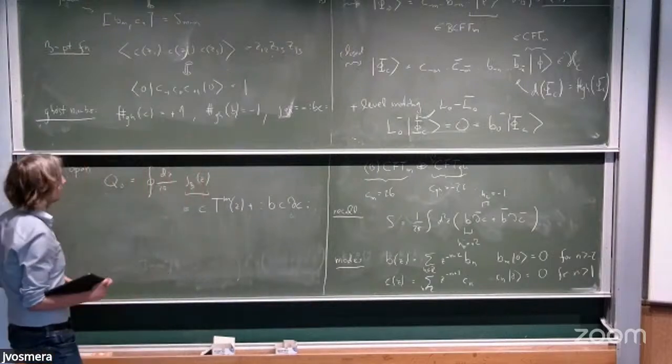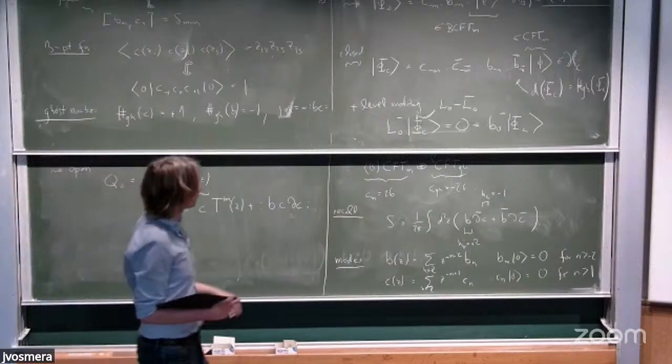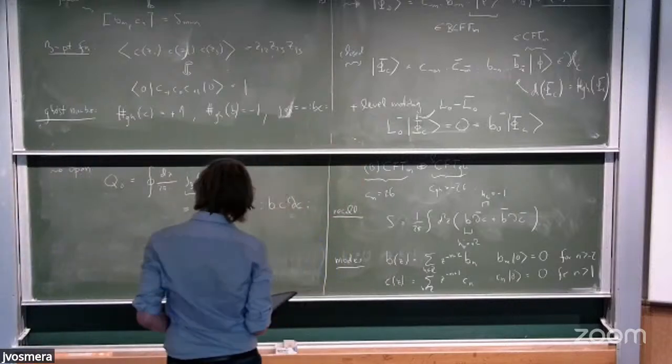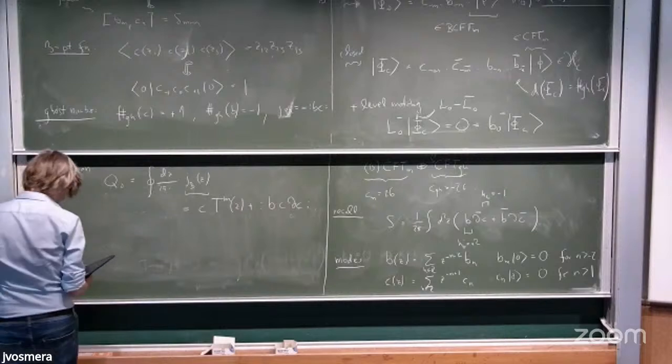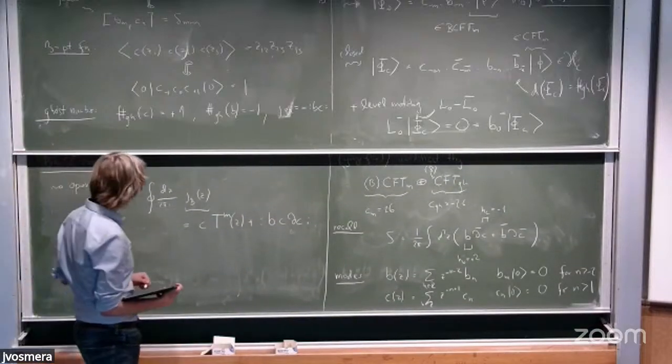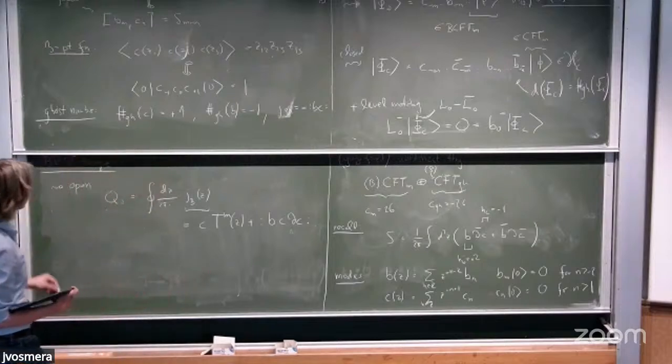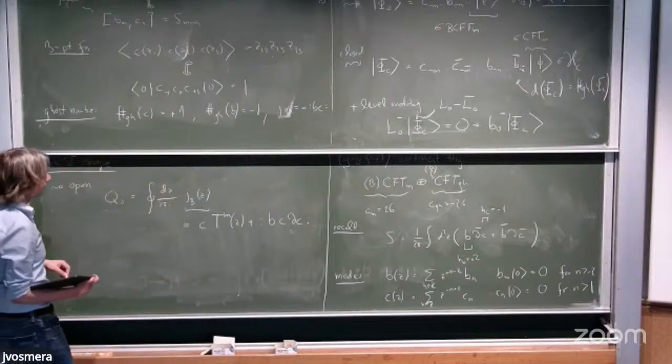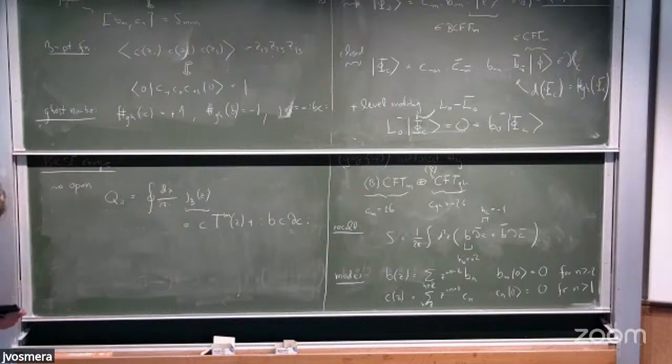So then, similar to how we are assigning degrees or grades to the states in the Hilbert space, you can also assign a definite degree to operators acting on that Hilbert space. So this Q is an example of an operator which will act on these states.